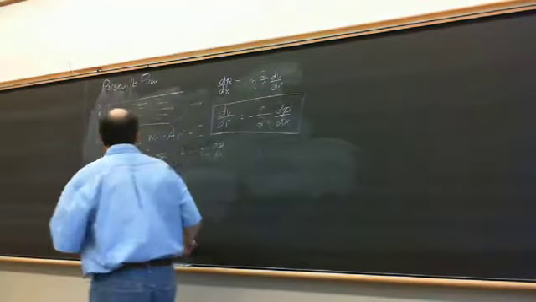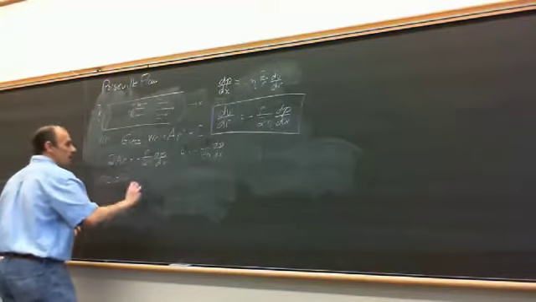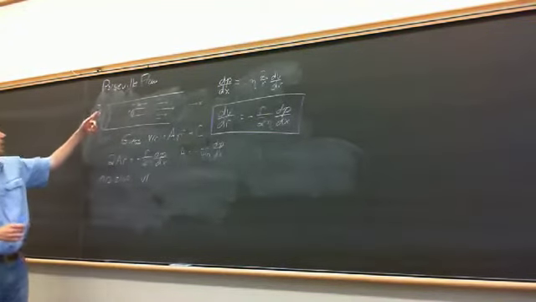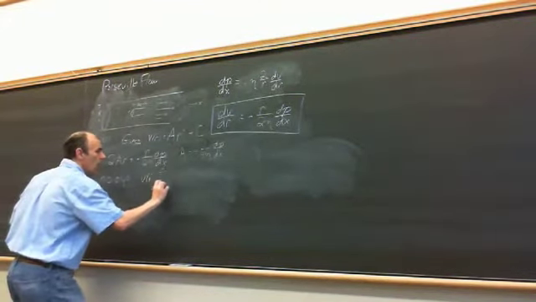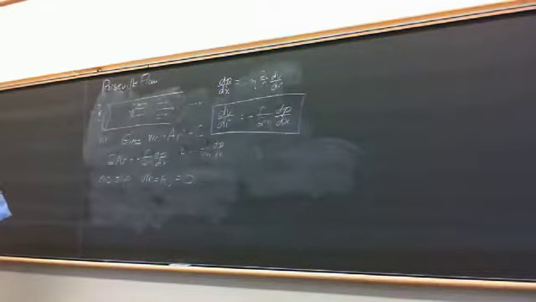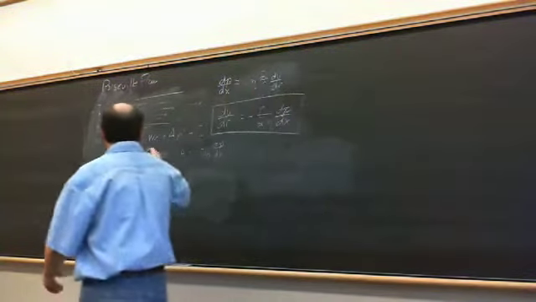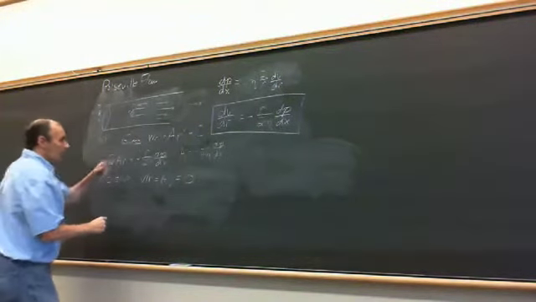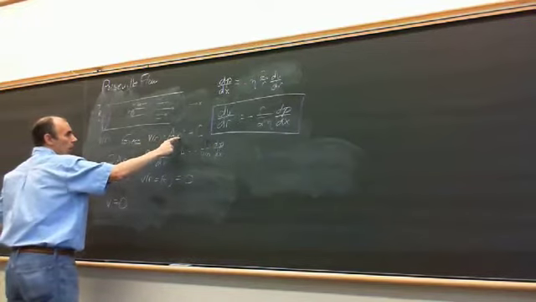So the no-slip boundary condition says that V at the surface, where little r equals big R, is going to be 0. So V is 0 when little r is big R.